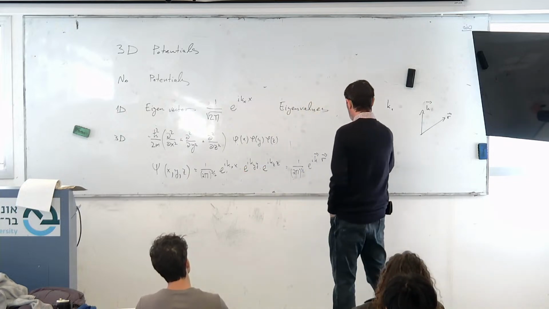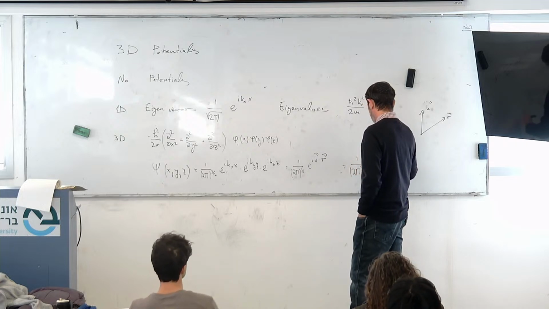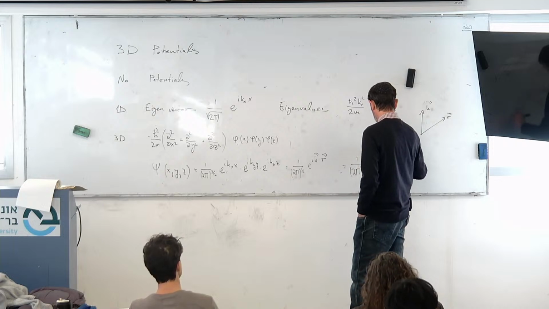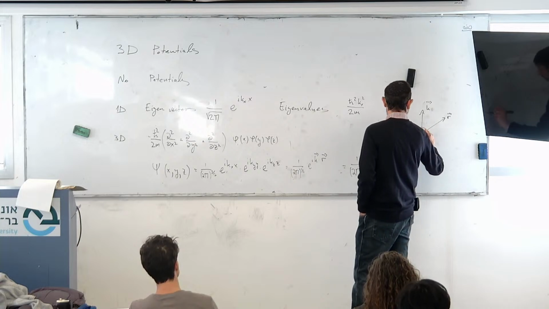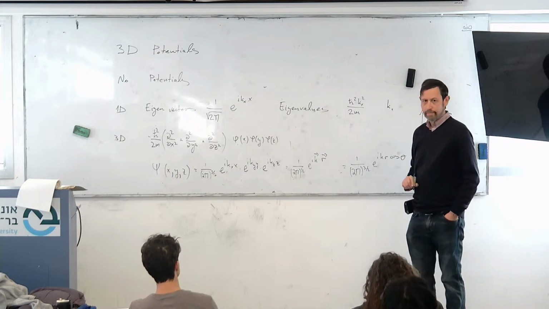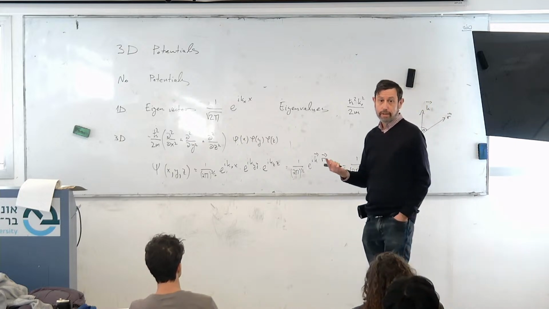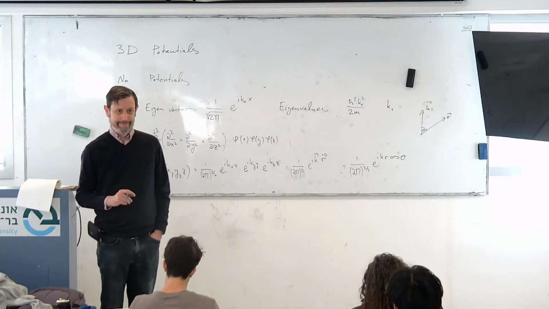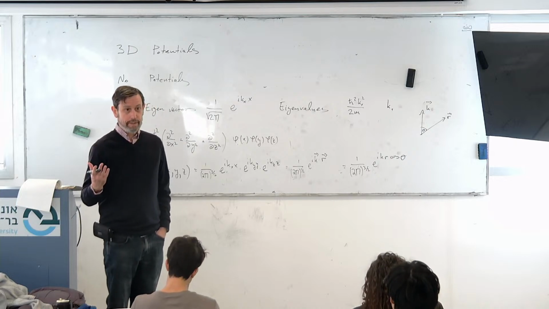So then I'll be left just with, where theta is just the angle between k and r. R is the second coordinate, and it doesn't depend on phi.